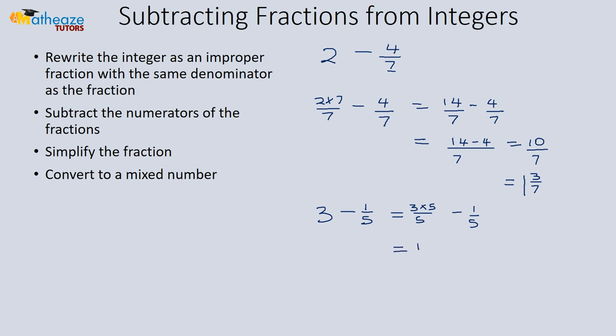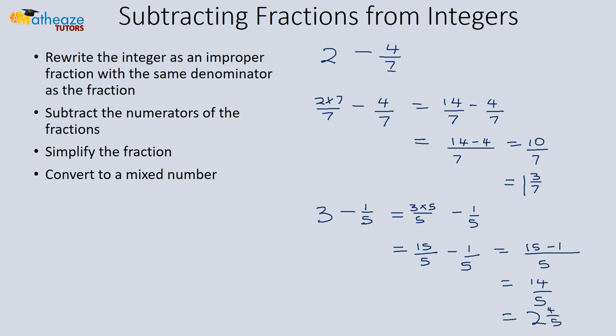So this is going to give us 15 over 5 minus 1 over 5. Now we have a common denominator of 5, and then we can just subtract the numerators. So this is going to give us 14 over 5, which when we divide 14 by 5, we have 2 times with a remainder of 4.